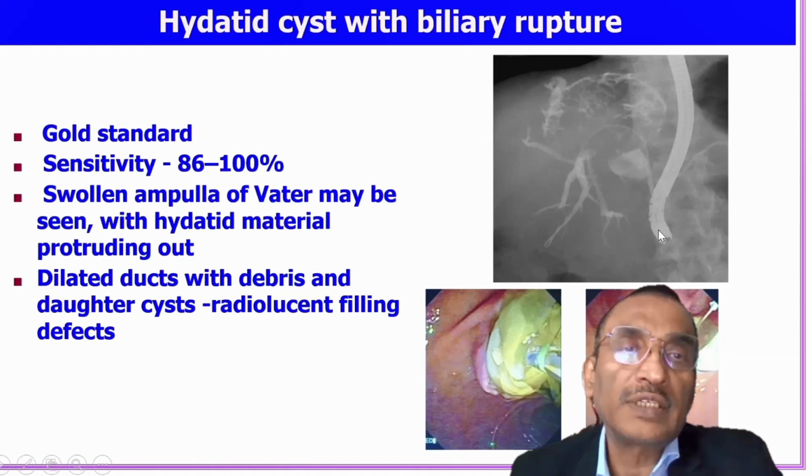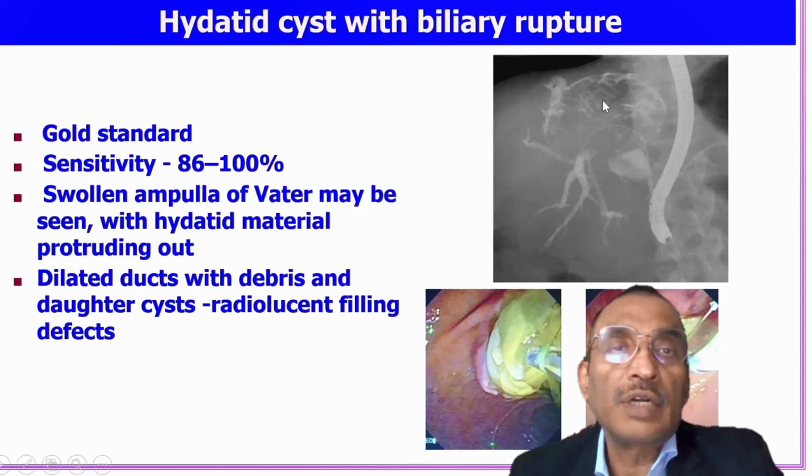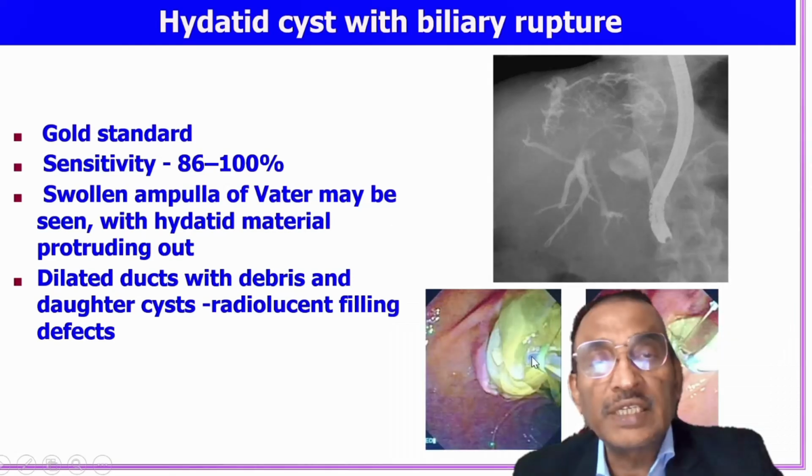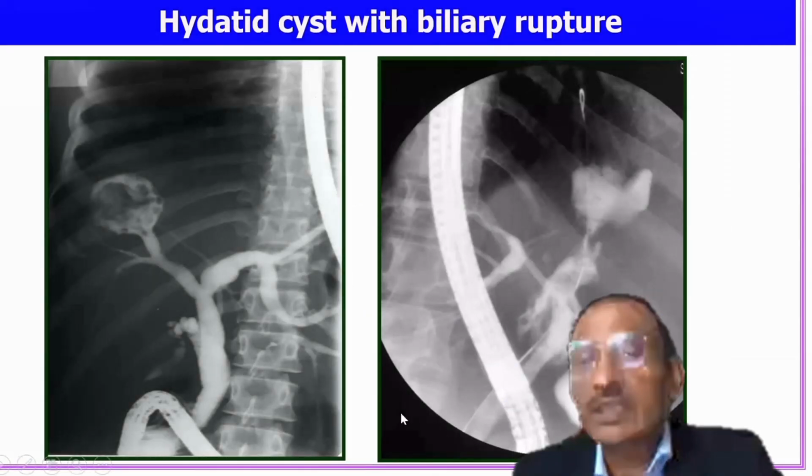So what you are seeing here is a huge cavity which is getting filled, with irregular margins. This is called crumpled paper appearance, and the intrahepatic ducts are dilated and the CBD is hugely dilated. What you are seeing here is EPBD being done, and the membranes of the hydatid cyst.